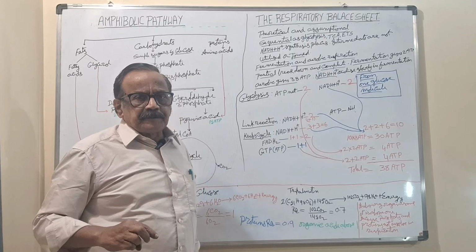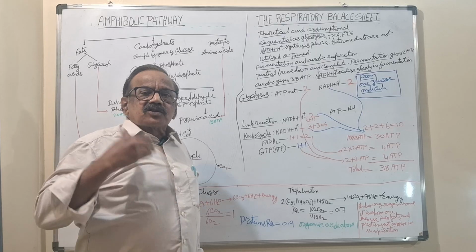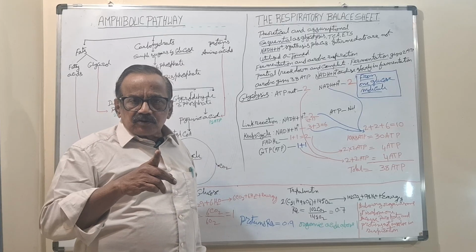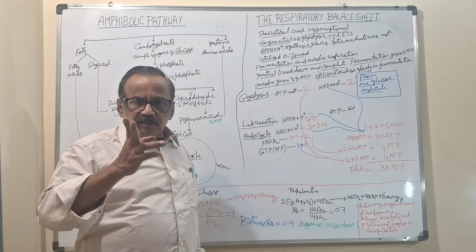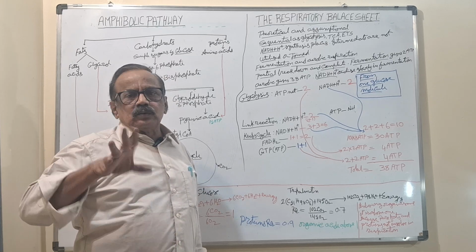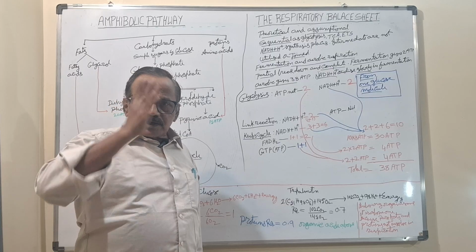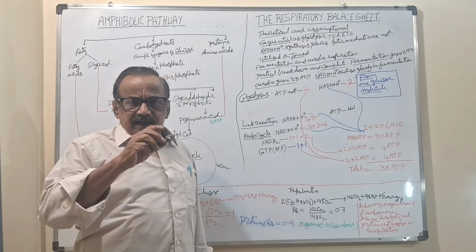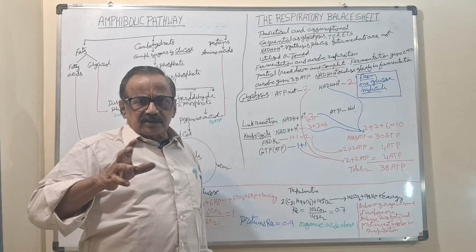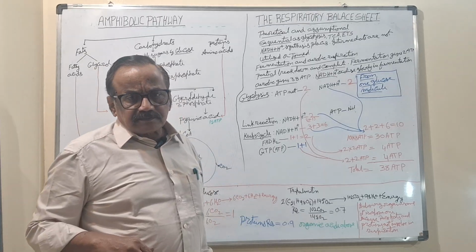That you already studied. Same thing, NADH plus H plus will be oxidized in the electron transport system, mainly in two compartments, complex 1 and complex 2. NADH plus H plus will be oxidized in complex 1, and FADH2 will be oxidized in complex 2.